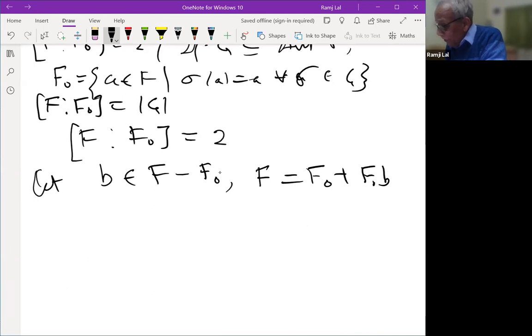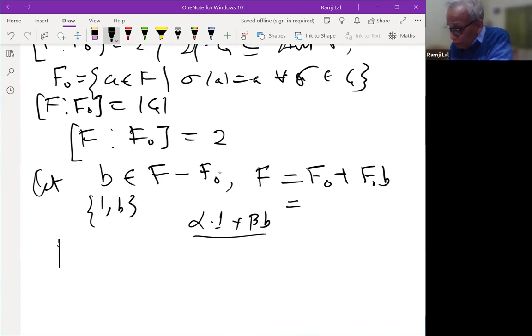So every element can be written as 1 times something. So 1 and b is a basis of F over F naught. Therefore, any element can be written uniquely as some alpha times 1 plus beta b.